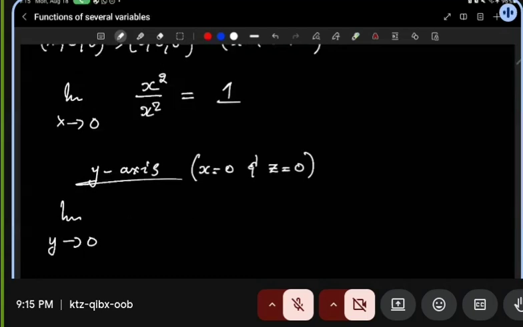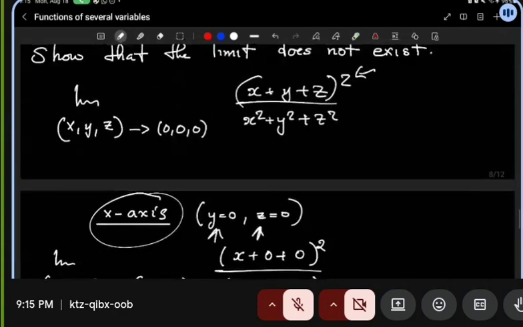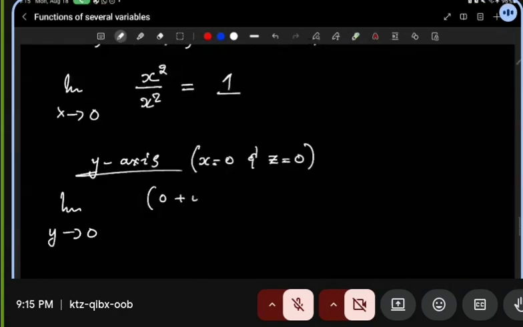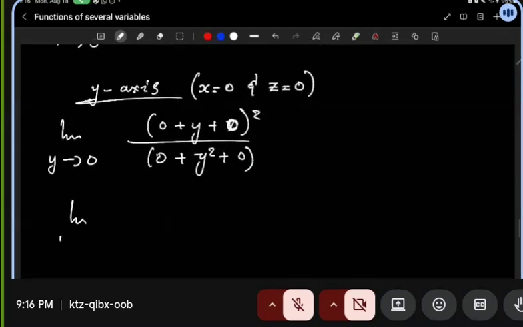In our expression, since we have X plus Y plus Z, we'll have 0 plus Y plus 0 for Z as well, squared, over 0 plus Y squared plus 0. Observe that this reduces to the limit as Y approaches 0 of Y squared over Y squared. Notice that this still gives you 1.